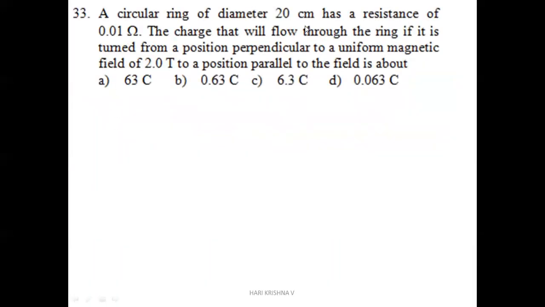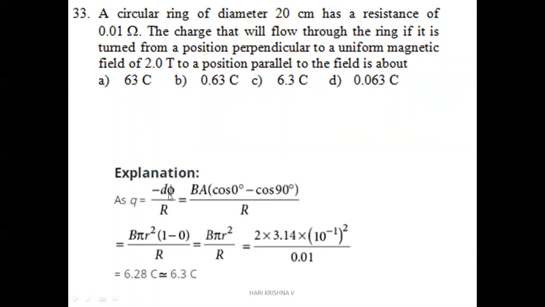Next, a circular ring of diameter 20 centimeter has a resistance of 0.01 ohm. The charge that will flow through the ring if it is turned from a position perpendicular to a uniform magnetic field. So Q is equal to minus d phi by R. In place of d phi, we can take BA cos theta 1 minus cos theta 2. So theta 0 degree to cos 90 degree, divided by R. The area of a circular ring is pi r square.